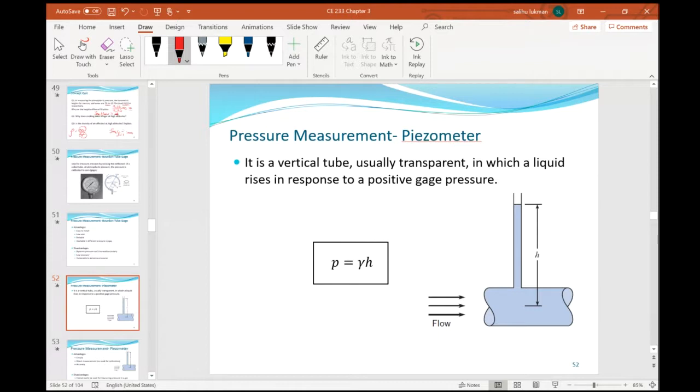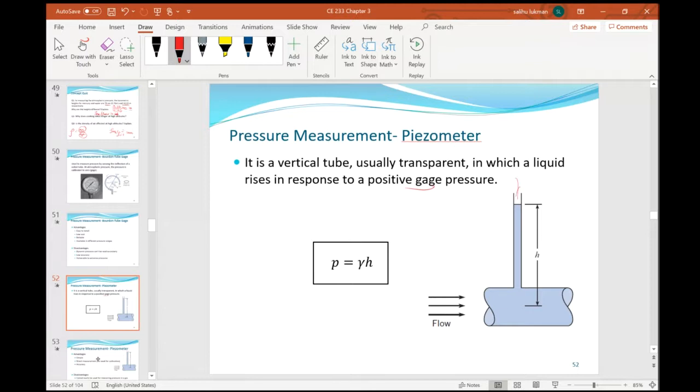Now, another instrument for measuring pressure is the piezometer, which is a vertical tube, usually transparent, in which a liquid rises in response to a positive gauge pressure. Positive gauge pressure means above atmospheric pressure.